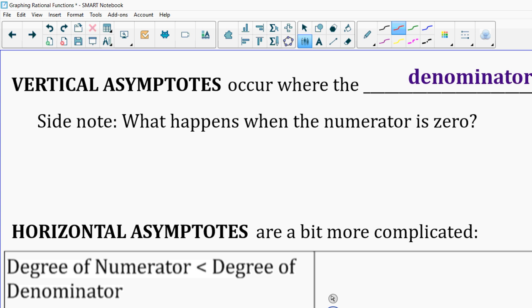What happens when the numerator is 0? Not undefined. That's your x-intercepts. That's where your curve crosses the x-axis. That's what we call x-intercepts or zeros, okay? And you're going to have to find those.